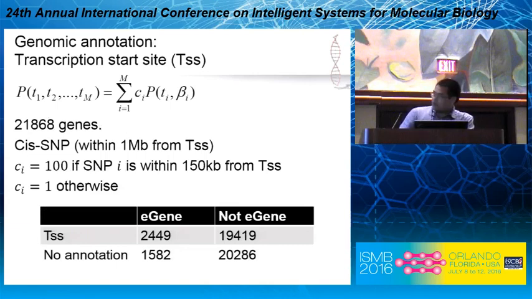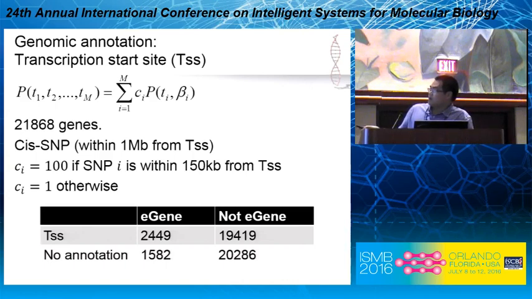So here are the results. I'm showing you this function again because this is a very important function which the method relies upon. Here we assume that Ci is 100 if the SNP i is within 150 kilobase pairs from the transcription start site of the gene, and it's equal to 1 otherwise. So this Ci is given to you.